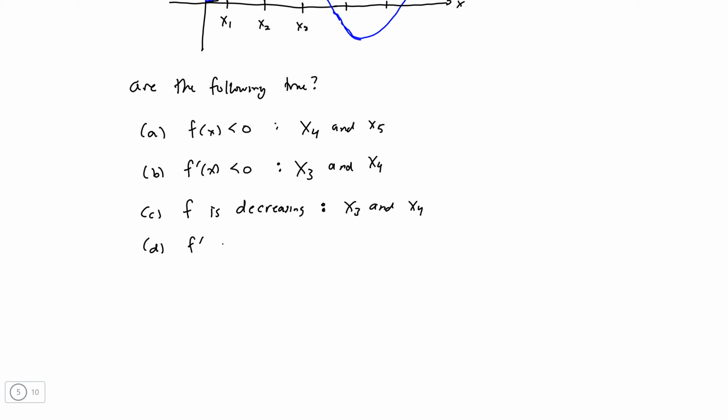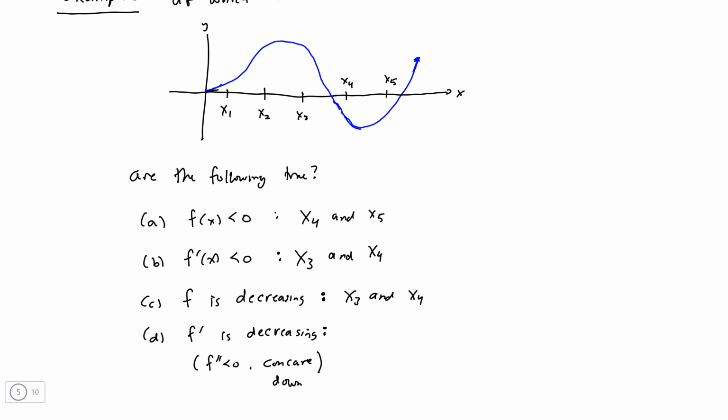And then we can ask, where is f prime decreasing? Well, remember, f prime is decreasing when f double prime is less than 0, which is the same thing as concave down. So concave down should be the point here.